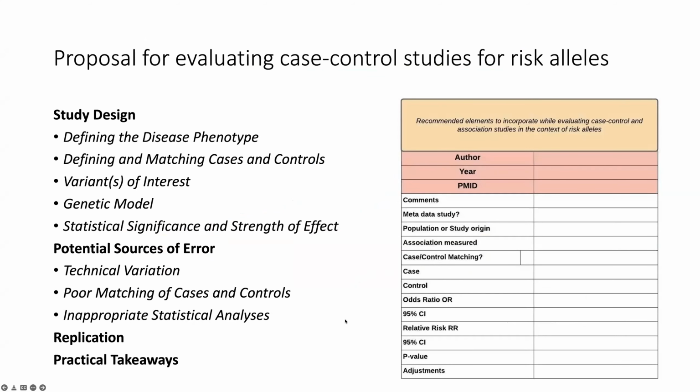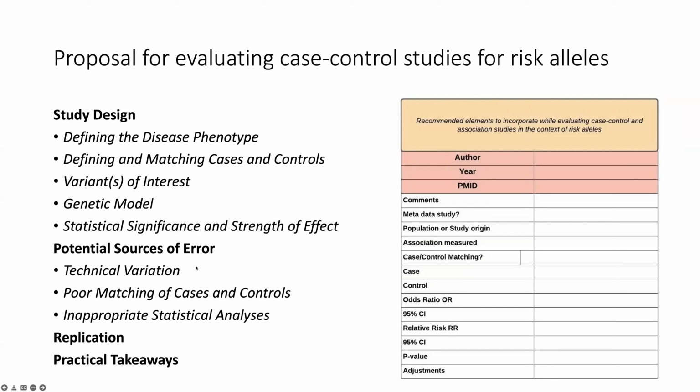So here's an example of things you would consider when evaluating case control studies. Those association studies are going to be the primary type of genetic evidence for risk alleles. So it's important that we are able to curate the evidence from them in a standardized manner. And there are some key considerations.